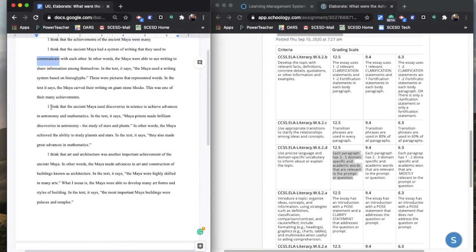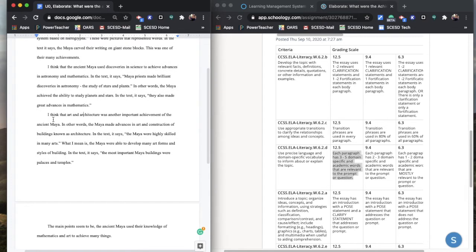Let's go on to the next paragraph. I think that the ancient Maya used discoveries in science to achieve advances. So we got astronomy, that is one. Mathematics is a content-specific word. Achieve, advances, those are definitely grade level academic words.